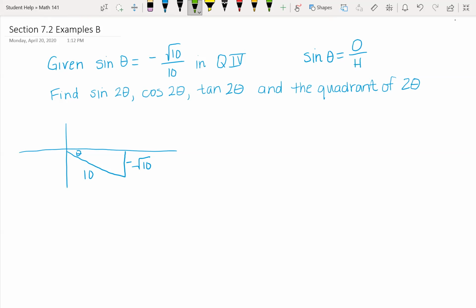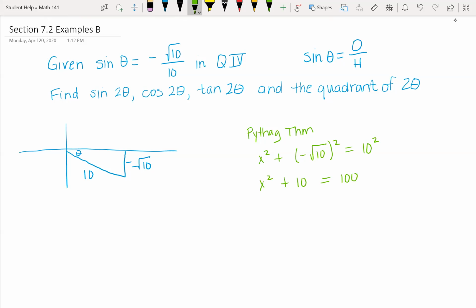And then we'll use the Pythagorean theorem to find the x component. So we'll have x squared plus negative square root of 10 squared equals 10 squared. When I square a negative, negative times negative changes to positive, and I'm also squaring a square root, so that's going to end up being 10.